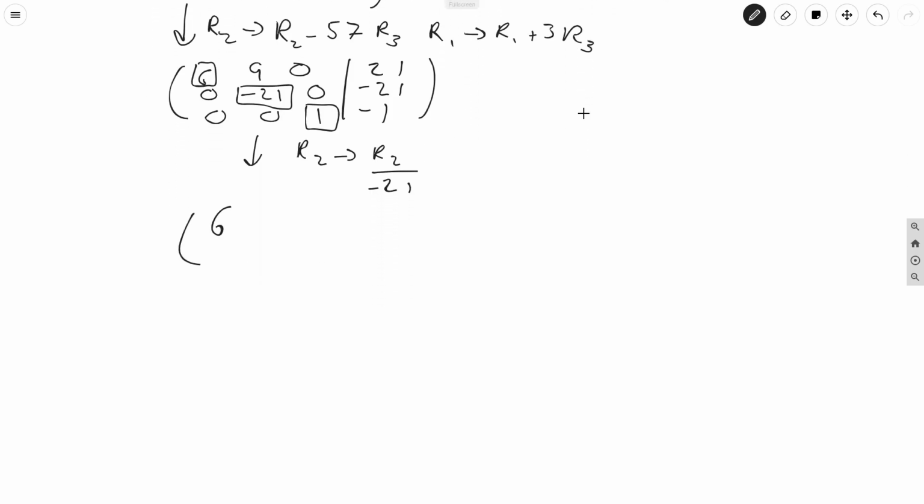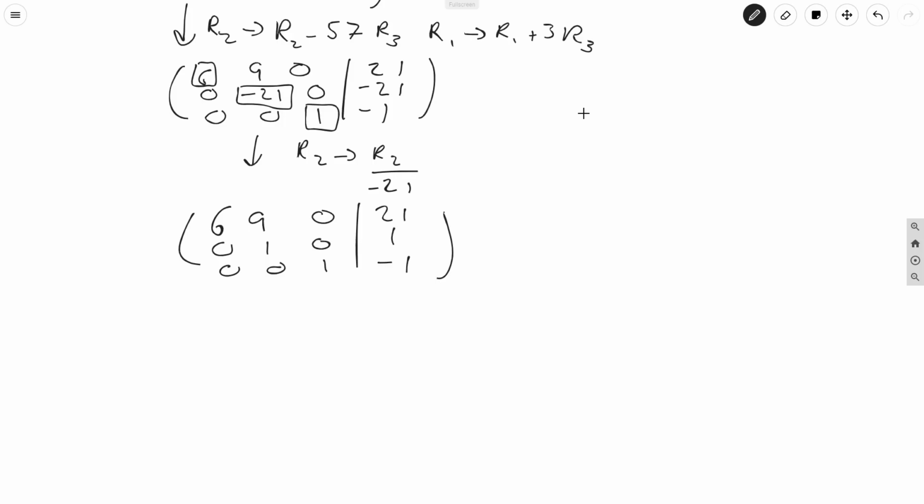So this gets us 6, 9, 0, 0, 1, 0, 0, 0, 1, minus 1, 1, and this is still 21. Okay, so we divided across by minus 21, and we basically cancelled, right? Minus 21 divided by minus 21 is 1.